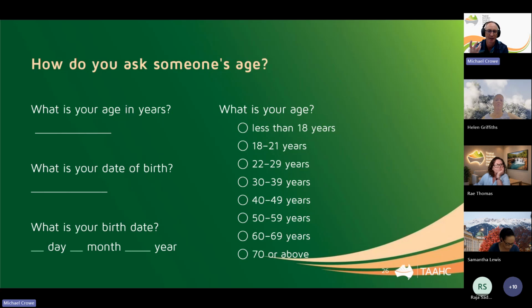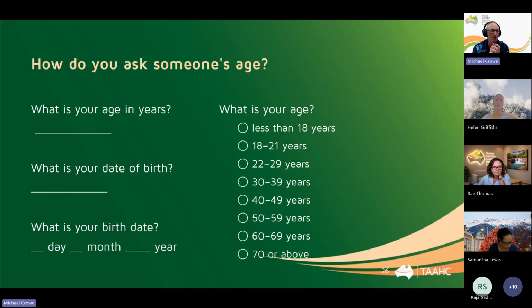If you're only going to analyze the data based on age groups of 10 years or 5 years, by the way, the Australian Bureau of Statistics does this on 5-year blocks the whole way through. And if you're doing things that you want to then cross-match with other research or what the Bureau of Statistics have done, then you should do it that way. But otherwise, if you're only going to analyze your data based on age blocks, then that's what you ask. You don't ask for people's actual age because you're never going to use it. Okay, so you have to balance the two up.